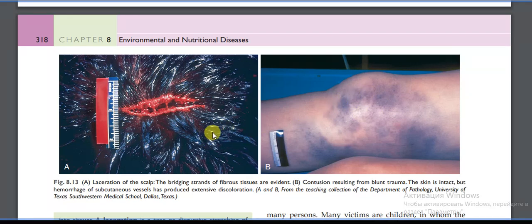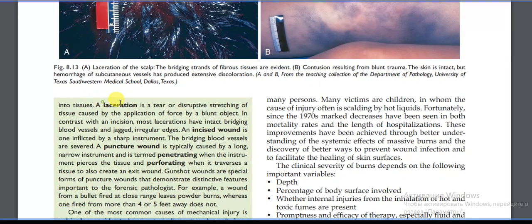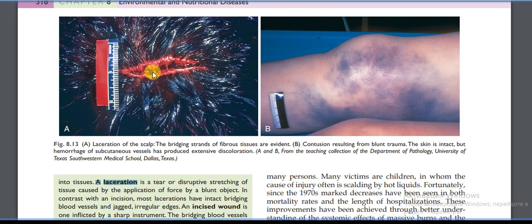The next one is laceration. It is a tear or disruptive stretching of tissue caused by application of force by a blunt object. You see, laceration is very severe, because the edges of the trauma are not slight, and recovery is very hard compared to abrasion.